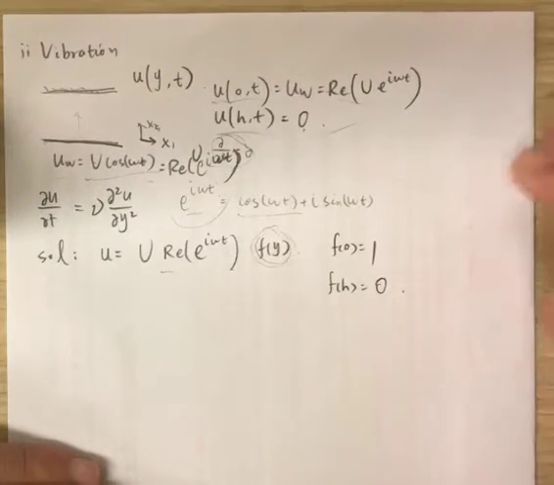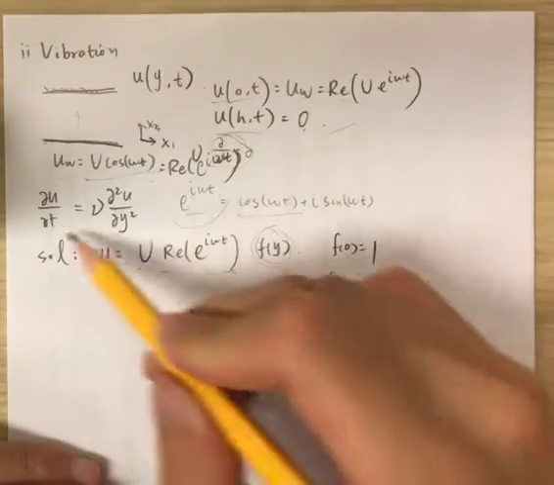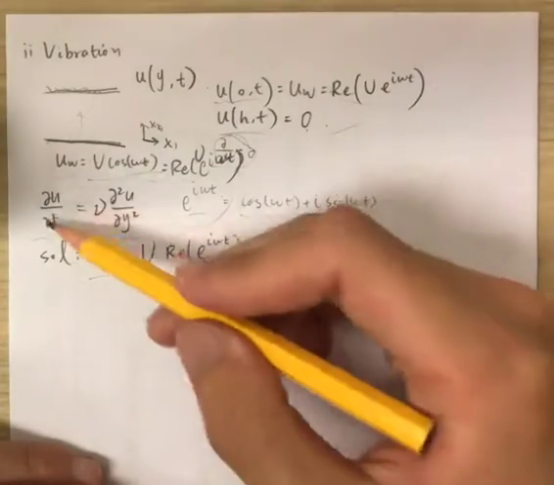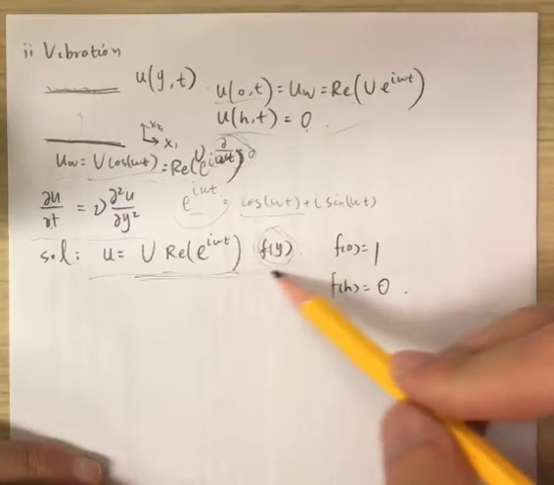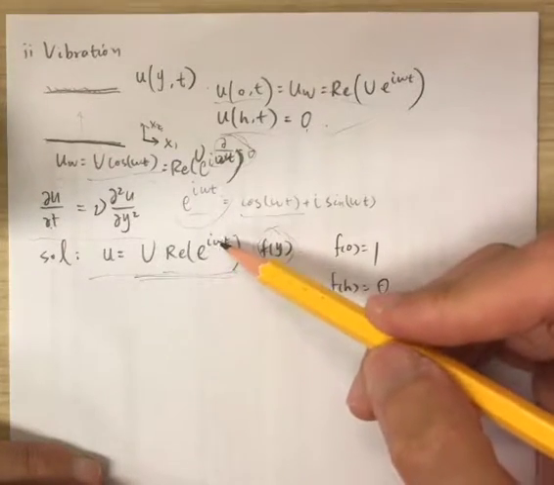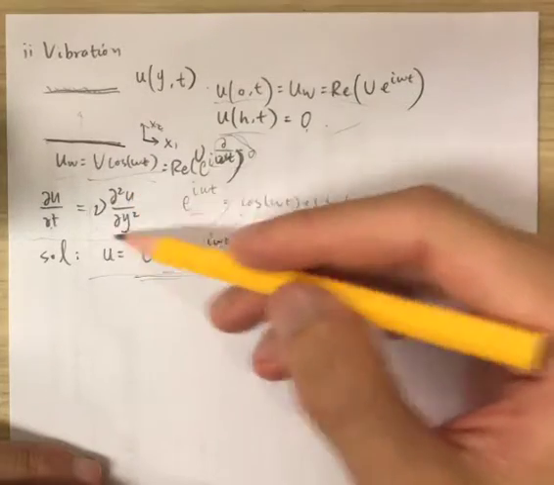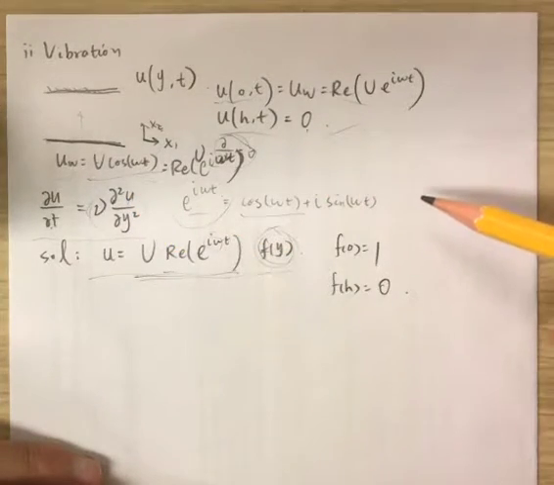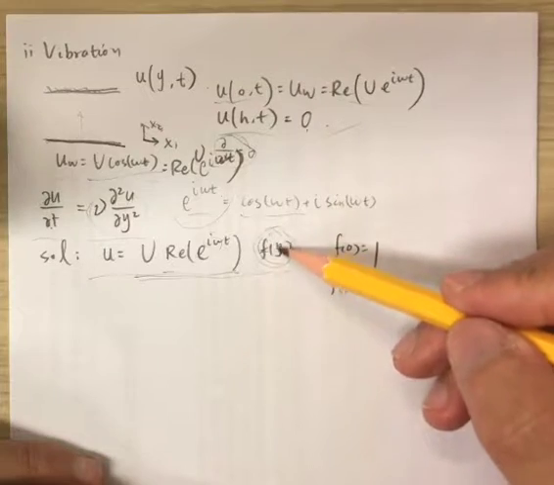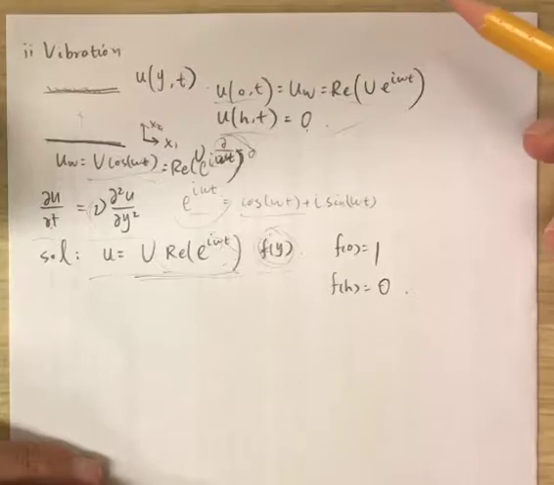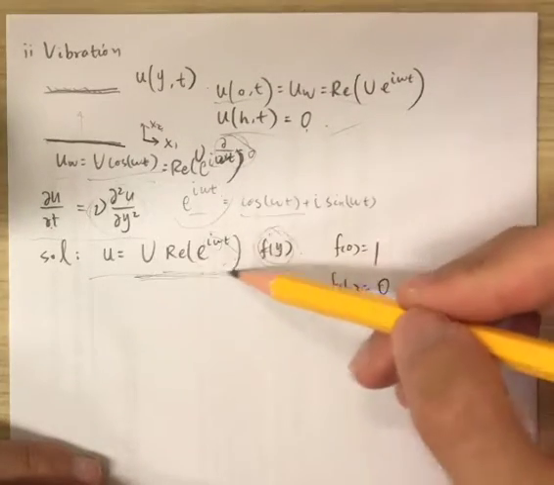So now we can plug this relationship into our equation to get an equation on f. du/dt, this thing, time derivative. Very simple. I just pull out i omega, right? And this thing, I just take the second derivative of f, because here y does not appear in this part.